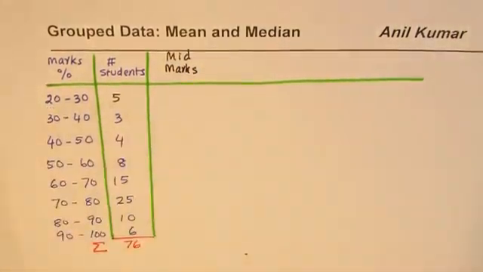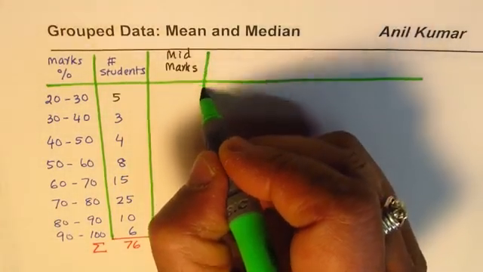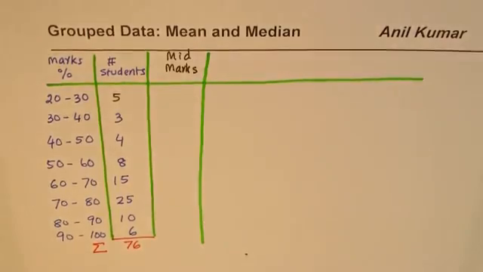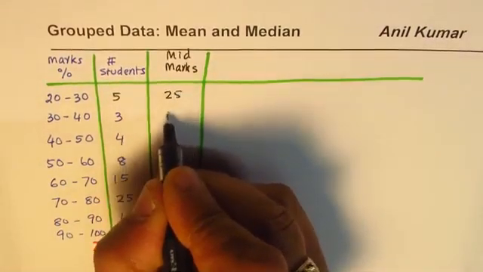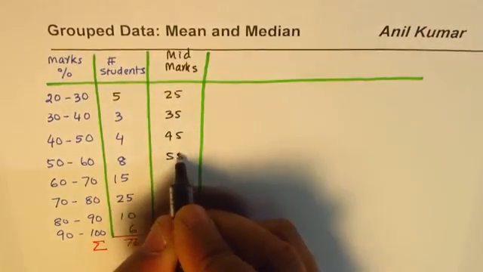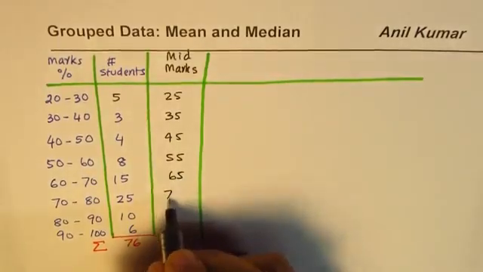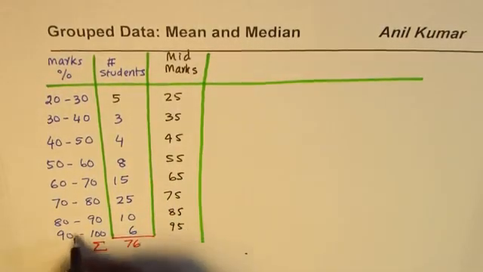So mid marks here will be 20 plus 30 divided by 2, which is 25. Let me write down the mid marks in sequence: 25, 35, 45, 55, 65, 75, 85, and 95.